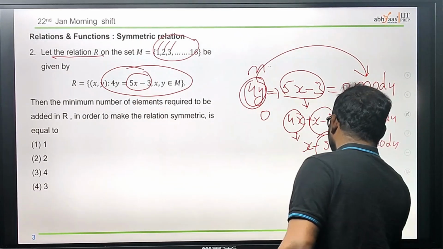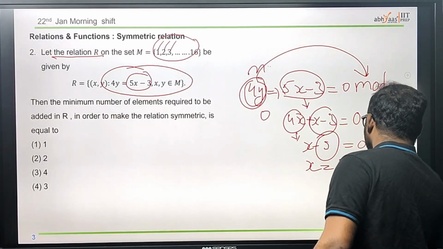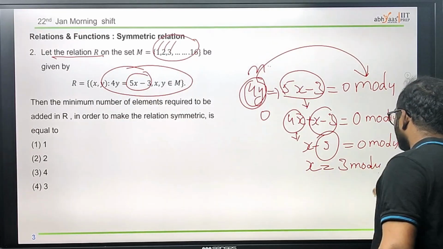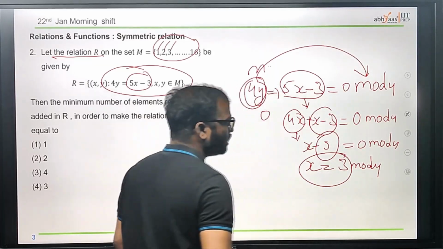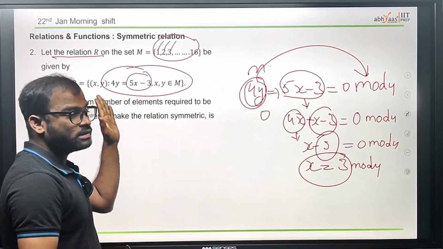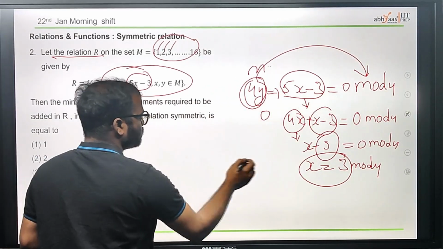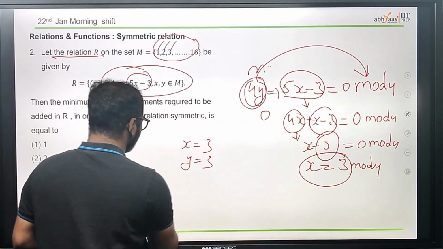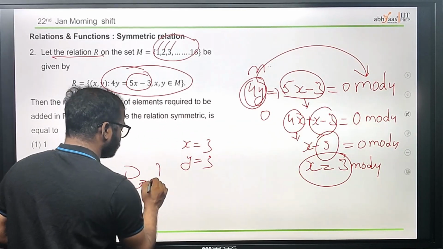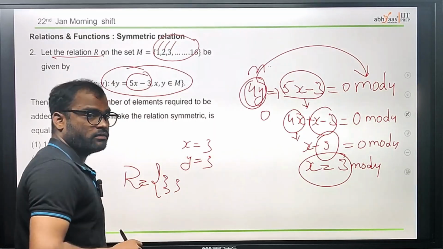Now x is equal to 3 mod 4. Now we got one of the values: with x equal to 3, if we substitute x equal to 3, we will get y equal to 3. Therefore in this relation we will have 3 comma 3 as one of the pairs.